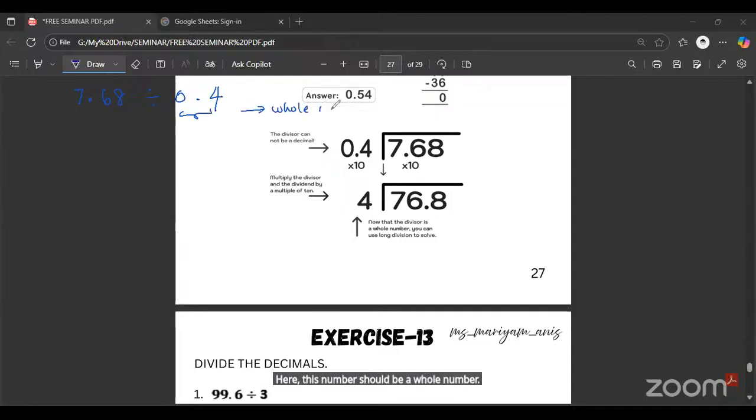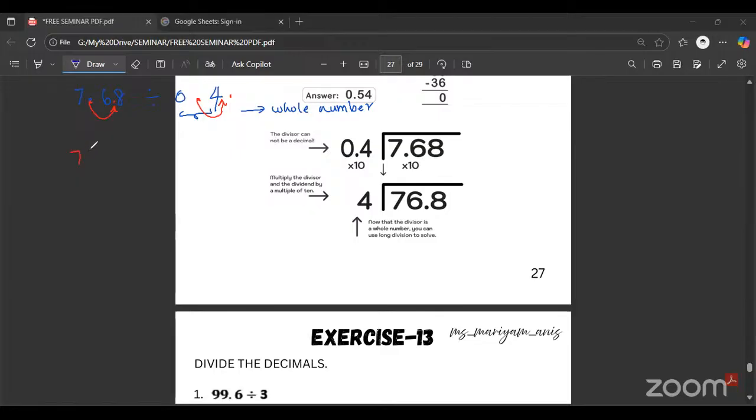That makes it an easier way to solve. Now to make 0.4 a whole number, I have to move my decimal point from here to here. Do you all agree? When I move the decimal point here, I will move it here in the dividend also. If I do something to the divisor, it will happen to the dividend as well.